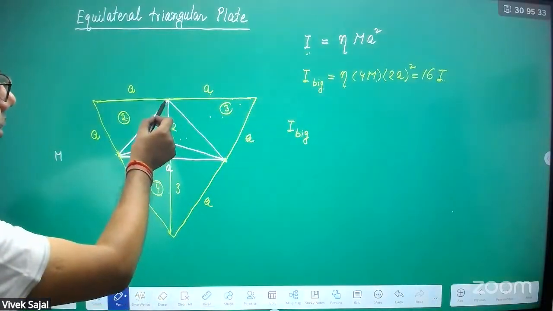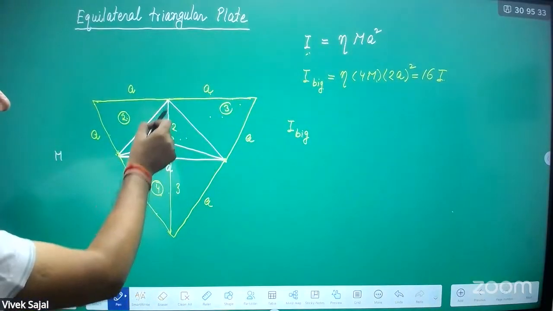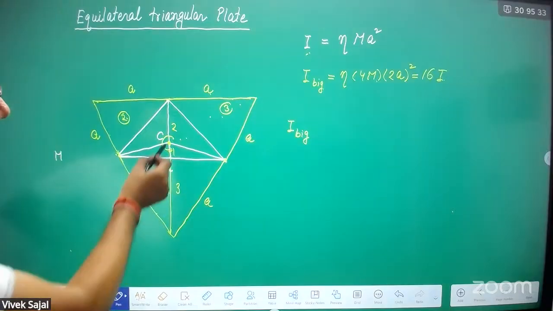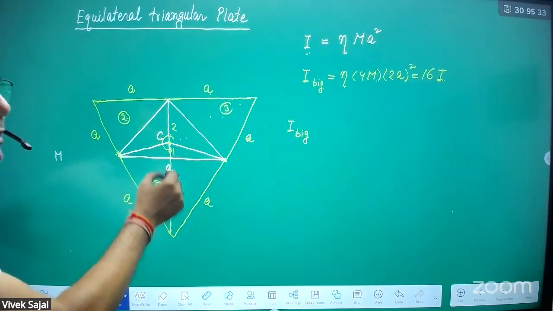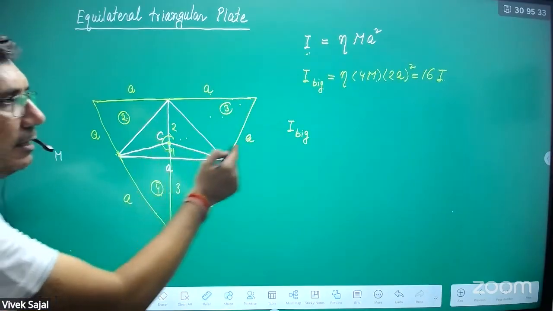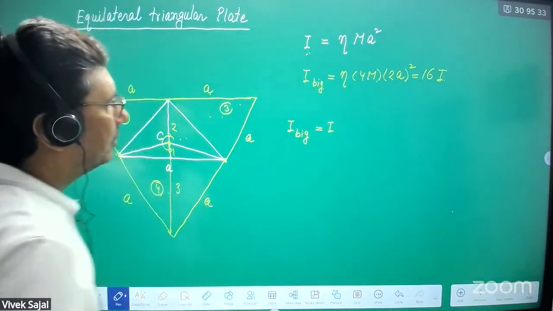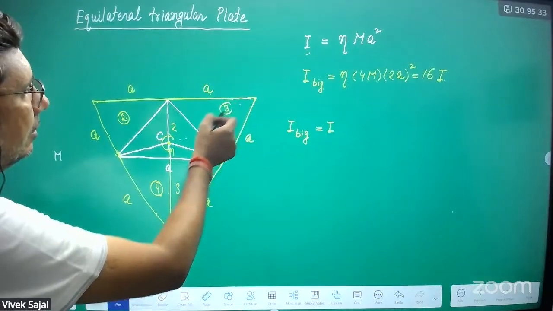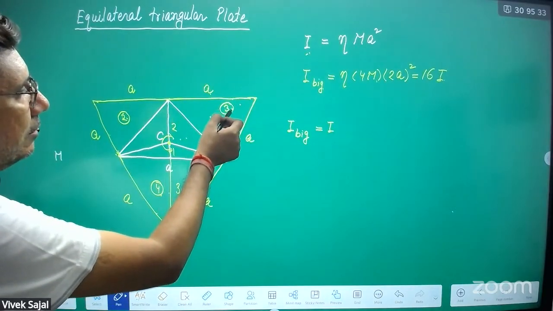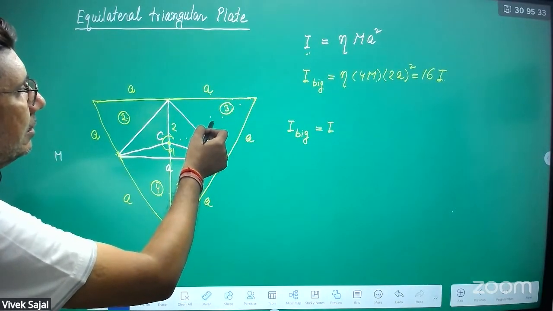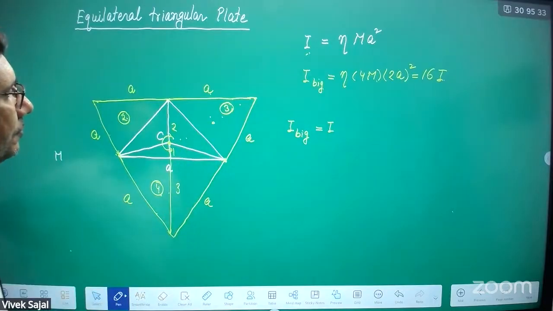What will be the moment of inertia of this original white color equilateral triangle if you rotate about this point C, about this axis? That is I. You know this. I'm not going to change the axes. Now, for this equilateral triangle about this C, this point, ठीक है ना?